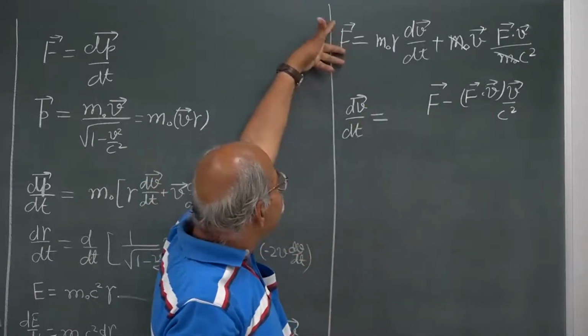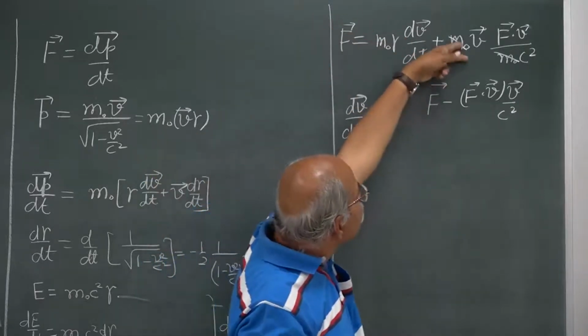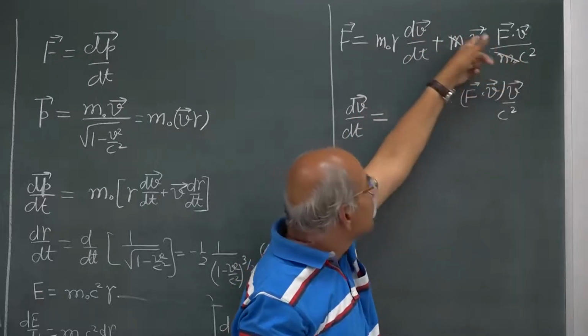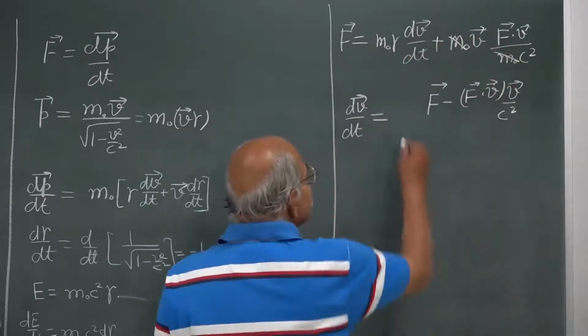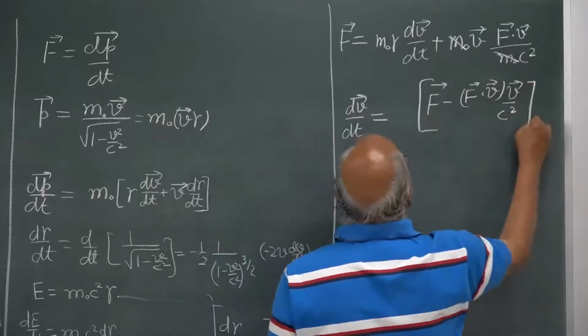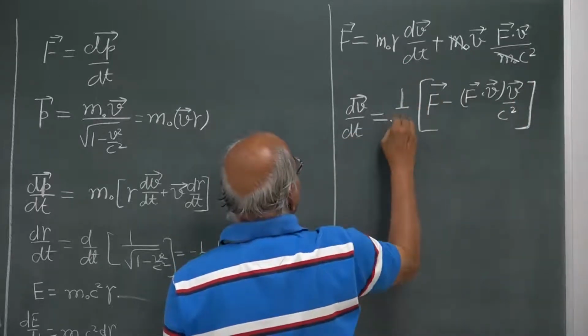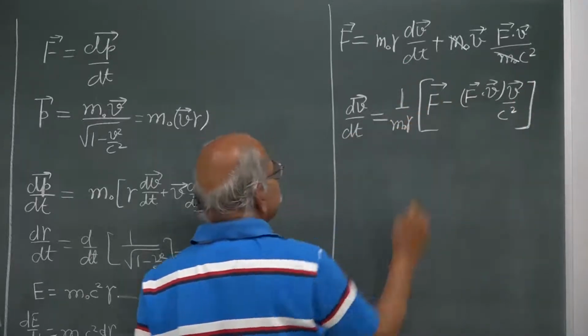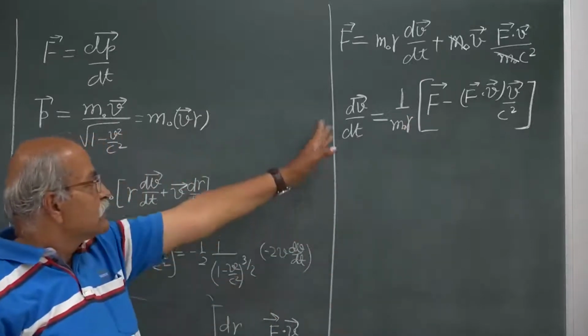So this is F minus F dot v, v by c square, and this whole thing times 1 by m naught gamma. Okay, so that is dv/dt.